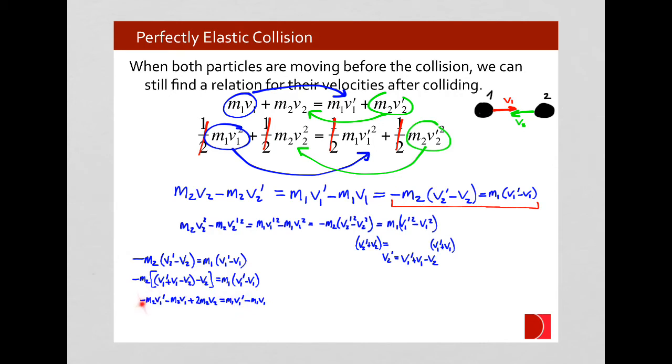This side is already positive, this side is negative, so we'll add this term to both sides. And that will cancel it out here, and we will eliminate that. We have all of the v1 primes on this side. We want to get rid of anything that's not a v1 prime, so we'll add that on this side, and that will cancel it out when we add and subtract it, and we will eliminate it there as well. Now we want to group our terms.